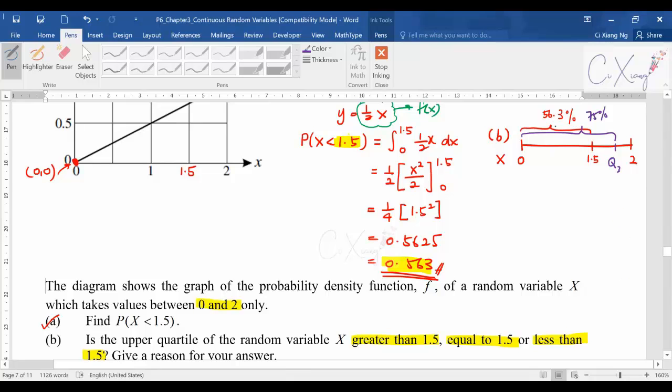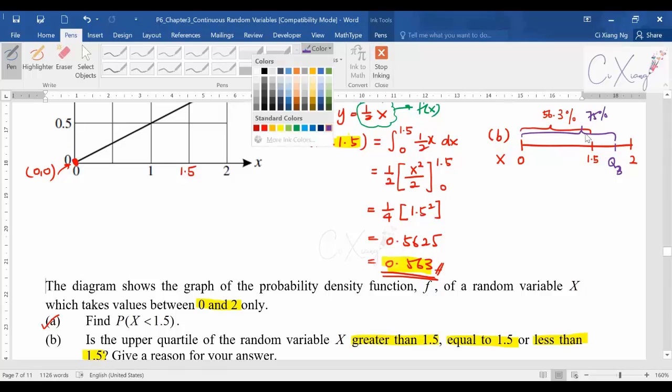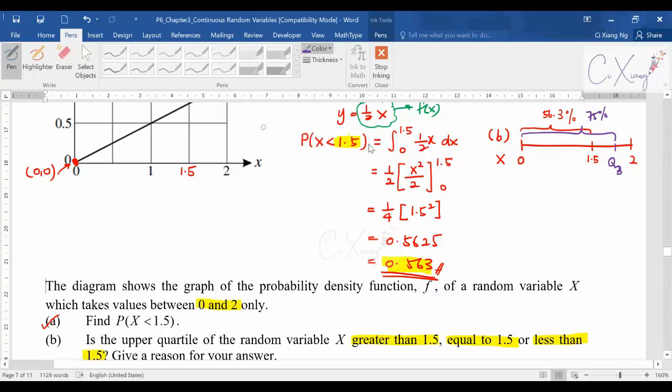Because 1.5 covers 56.3%, and the Q3 should cover 75%, it should be further than 1.5. So you can draw this number line in the exam, and you can tell them that Q3 is greater than 1.5.